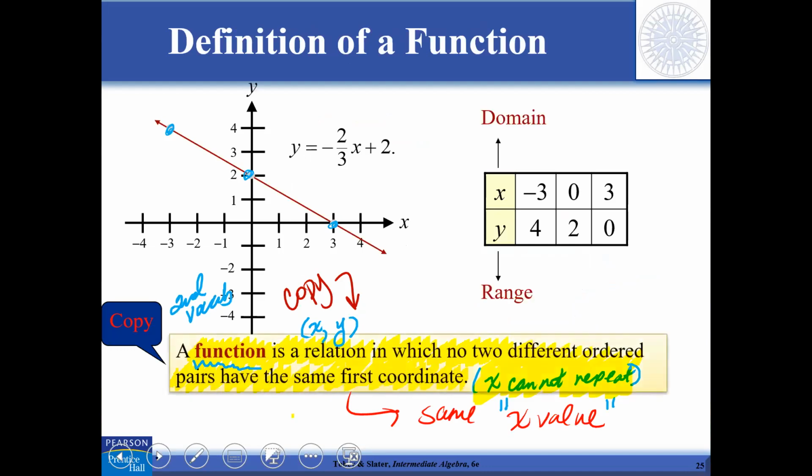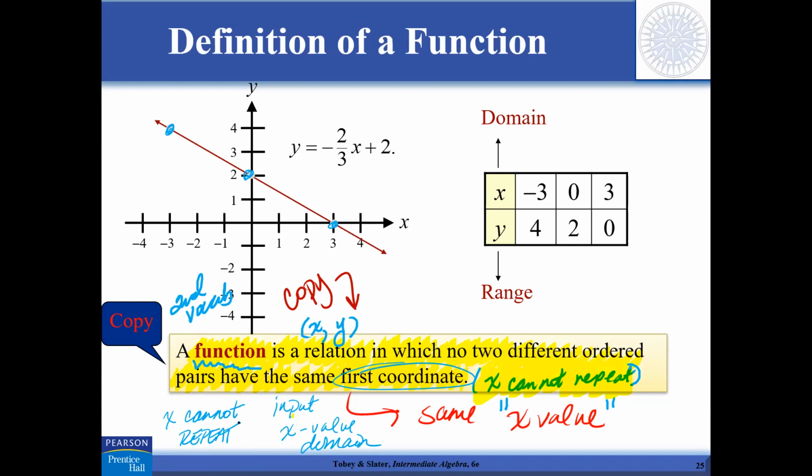A function is a relation in which no 2 different ordered pairs have the same first coordinate. First coordinates are the input, or better known as the x value, or the domain. So essentially what it's saying is that the x cannot repeat if it is a function.